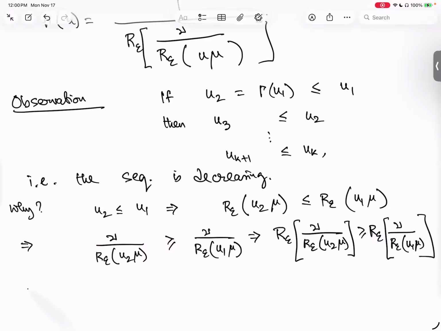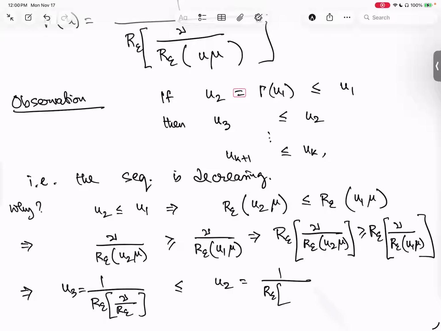But then this would mean that 1 over R epsilon of nu over R epsilon must be less than or equal to, so this is my U3, this must be U2, which is 1 over R epsilon, and so on. So if U2 is less than or equal to U1, using the monotone property of the conditional expectation operator, I get U3 must also be smaller than U2. Does this make sense?